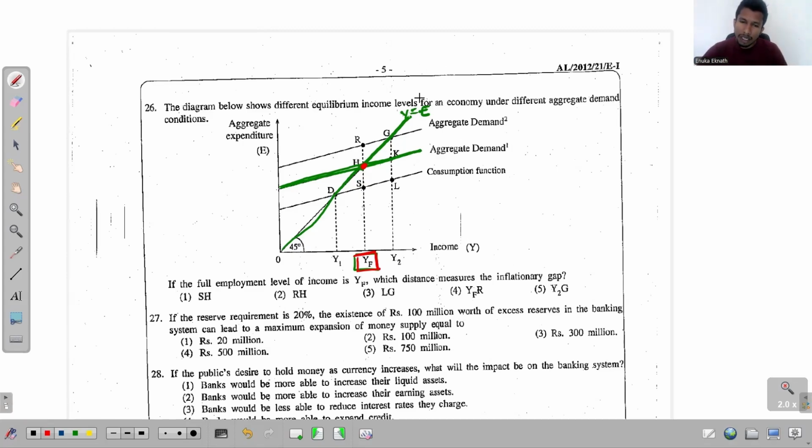Then what does the note say? In the note, we say when the current aggregate demand exceeds the aggregate demand needed to achieve the full employment level of national income, we see this inflationary gap. So see, we don't need to consider this one. The reason is it's about the consumption function, but when we recognize this inflationary gap, we need to focus on the aggregate demand that exceeds the demand needed to achieve the full employment level of national income.